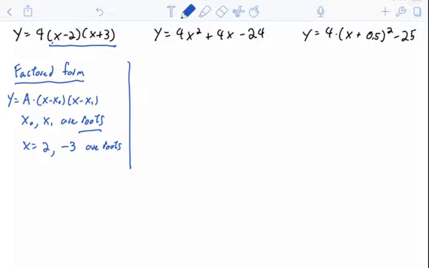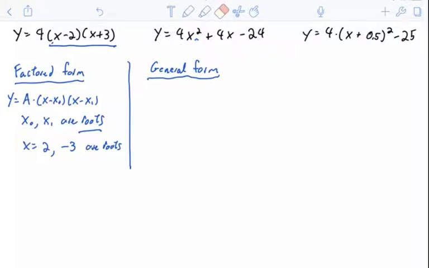The second expression is called the general form. The general form of a polynomial is essentially what we talked about in the very first expression. It's some number times x to the power of another number, times x to the power 1, another x to the power 0, right?